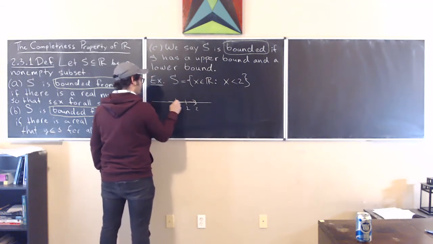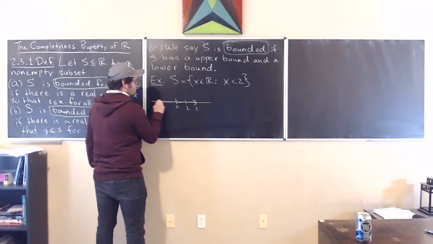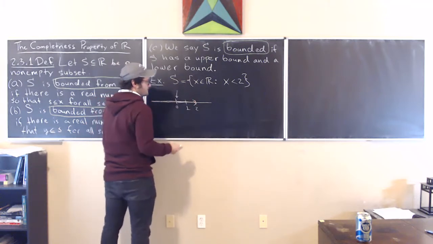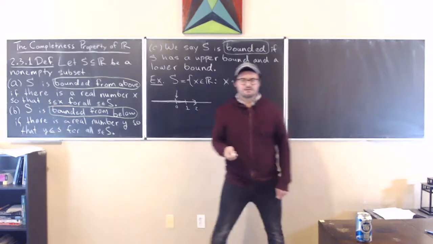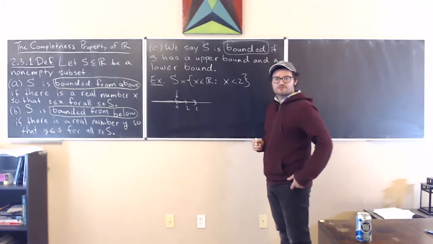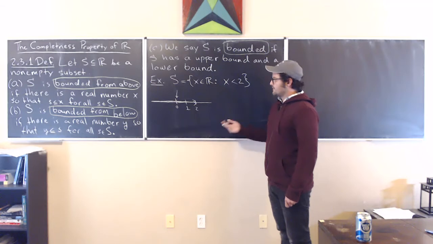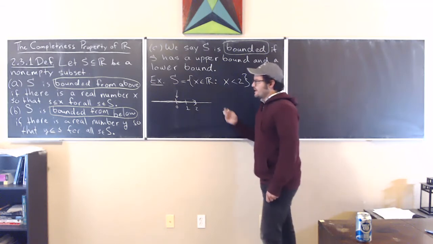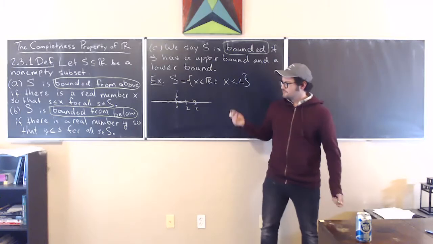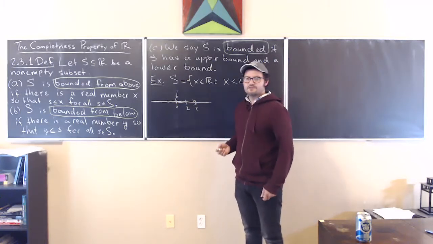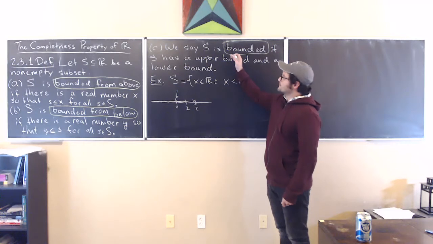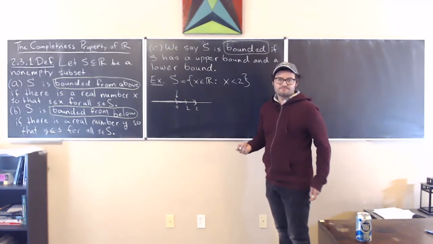So all of this over here, all of that, that's going to be S. So in this case, we can obviously see when we draw a picture that S is bounded above by 2, and S has no lower bound. There's no lower bound that we could ever find that would bound every element in that set. So S is bounded from above, but we would not say that S is a bounded set.